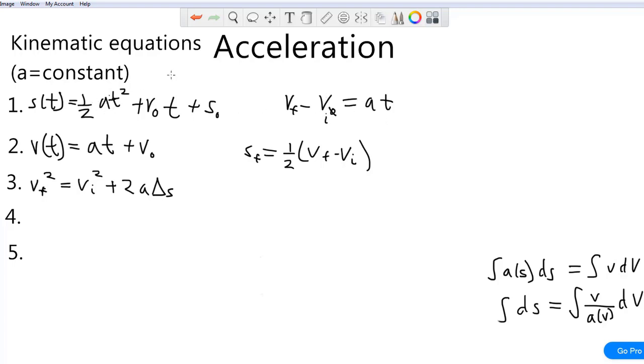We substitute vf minus v initial into here, but we're still left with another t multiplied right there, and we have plus v initial times time, and then plus s initial.